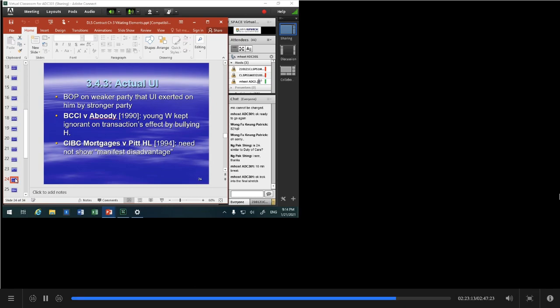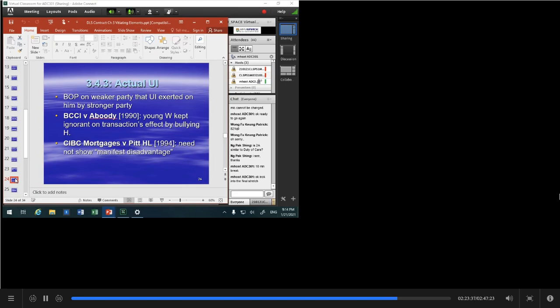And you'll notice the years, and Booty was a bit unlucky, because when the young wife brought her claim, there was that requirement for manifest disadvantage, but that's now gone. So if Booty were to be decided today, they could rely on the Pitt case, and the young wife would probably succeed. But actually, it's very difficult to prove.